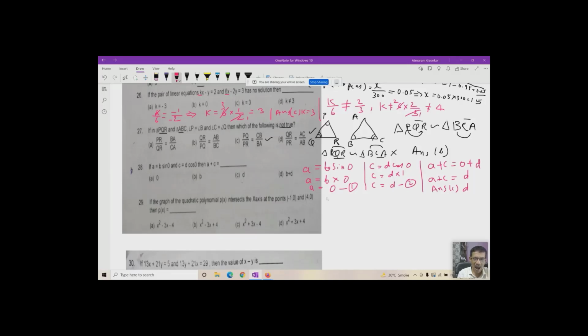Now here the graph intersects at two places. So it intersects at -1 over here and +4 over here. This is 4 comma 0. This is -1 comma 0. So the graph will be something like this.